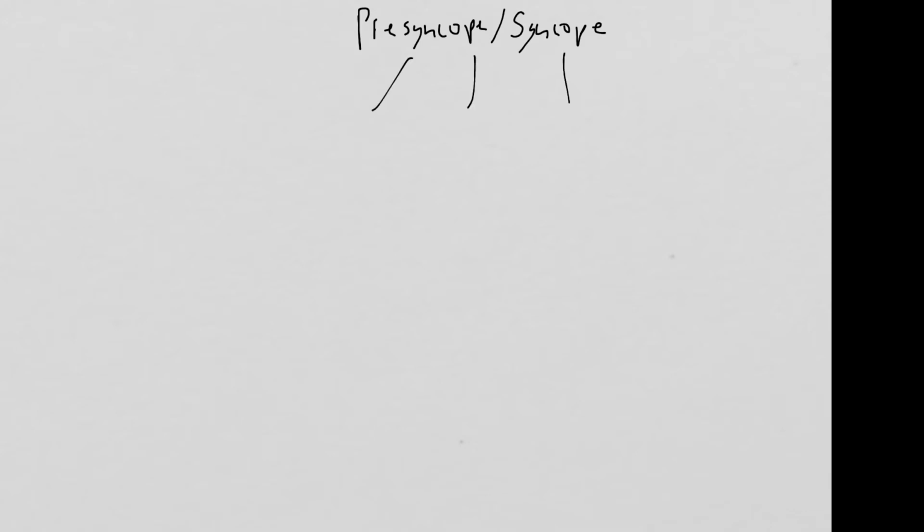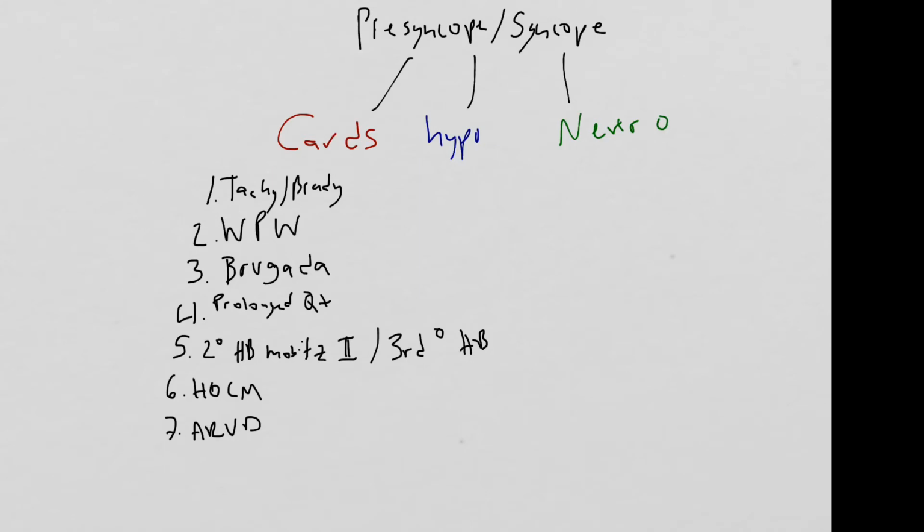One is cardiovascularly mediated syncope. The other one is hypovolemic syncope, and the third one is neurally mediated syncope.